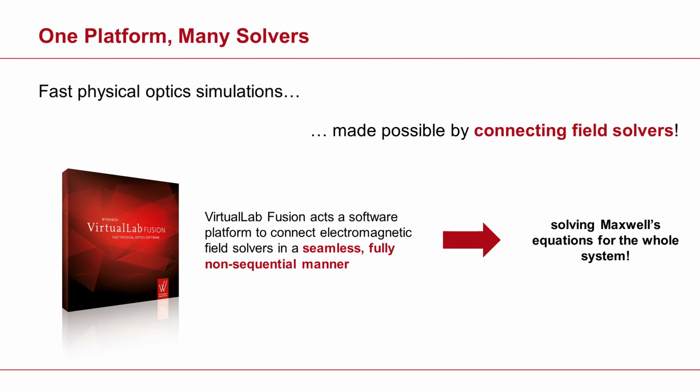This, in a nutshell, means that when we tackle a complex system, we break up that system into smaller pieces, and we select different electromagnetic field solvers, different algorithms, to simulate the interaction of the electromagnetic field with each of those parts of our system. And then we bring these solvers together in a seamless, non-sequential way in order to obtain the solution to Maxwell's equations for the whole system.